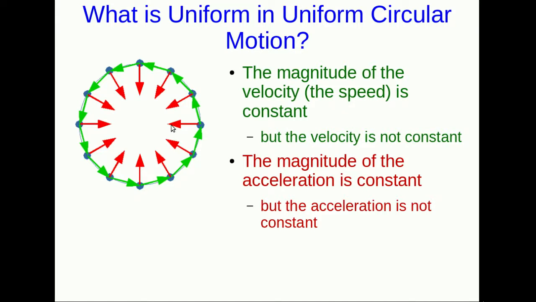So we have an acceleration, and its magnitude is also constant. But the acceleration vector is not constant because it's changing direction too. So in uniform circular motion, the magnitudes of the velocity and the acceleration are constant, but the velocity and acceleration vectors are not.